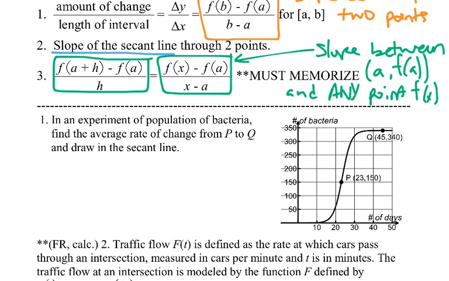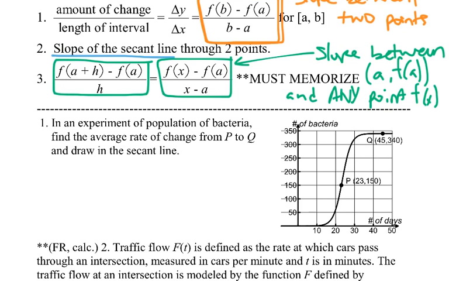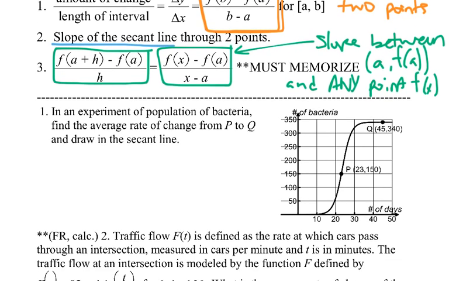So this is a more general equation, the slope between a and any other point, whereas this one is the slope between the point a and just one other point, b. So they're a little different in that sense.